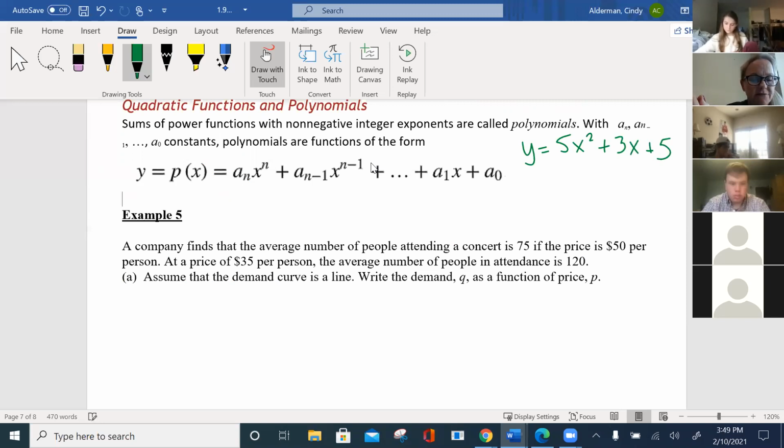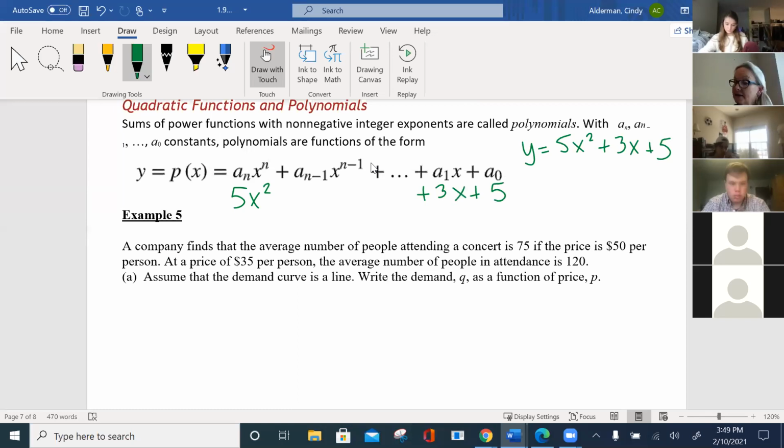So this is the formal definition of that. All they are talking about is this a is the leading coefficient. And then there's subsequent terms. And then here we've got plus 3x, and a sub 0 is referring to the constant.